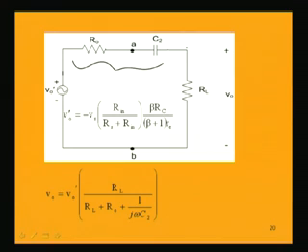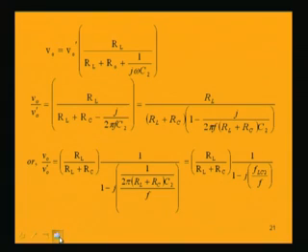So, the denominator will be RL plus R naught plus 1 by j omega C2. So, that is the output voltage finally we get here.